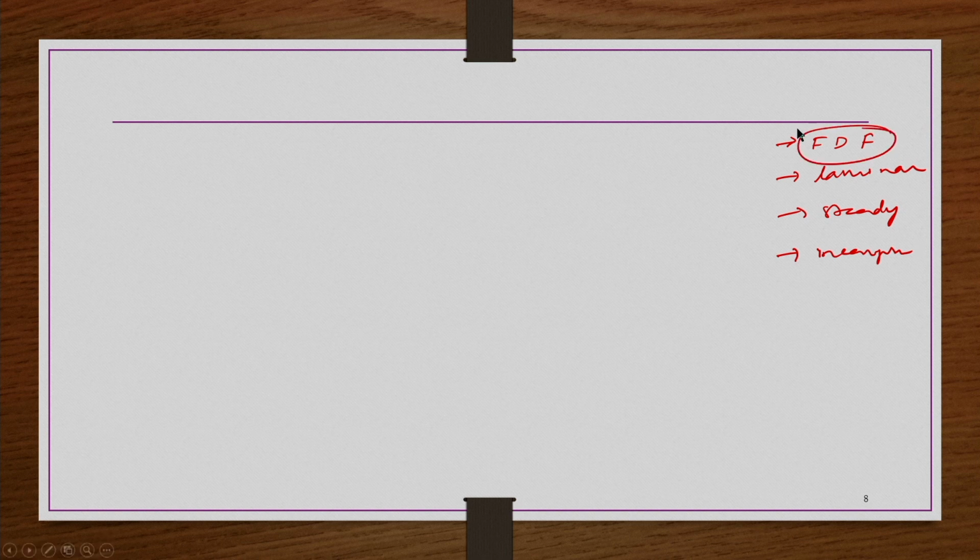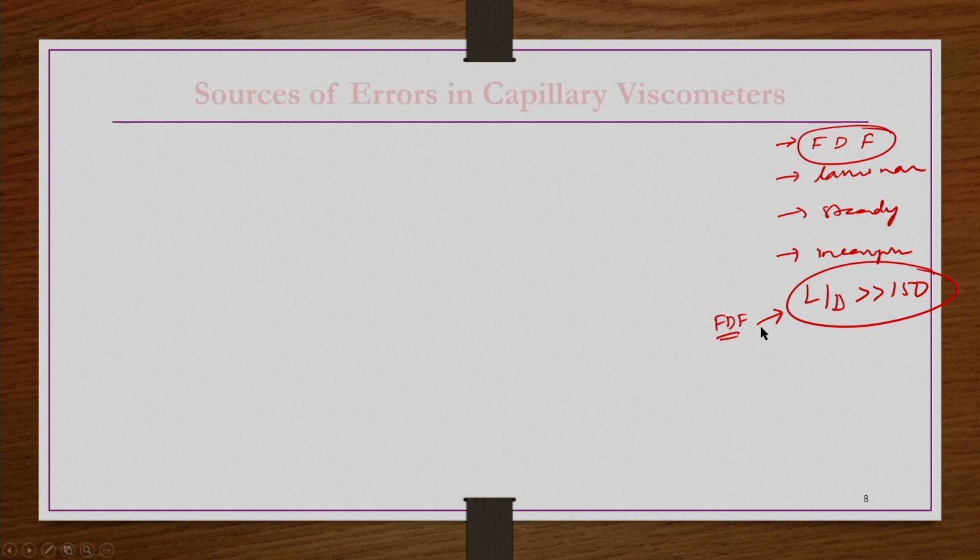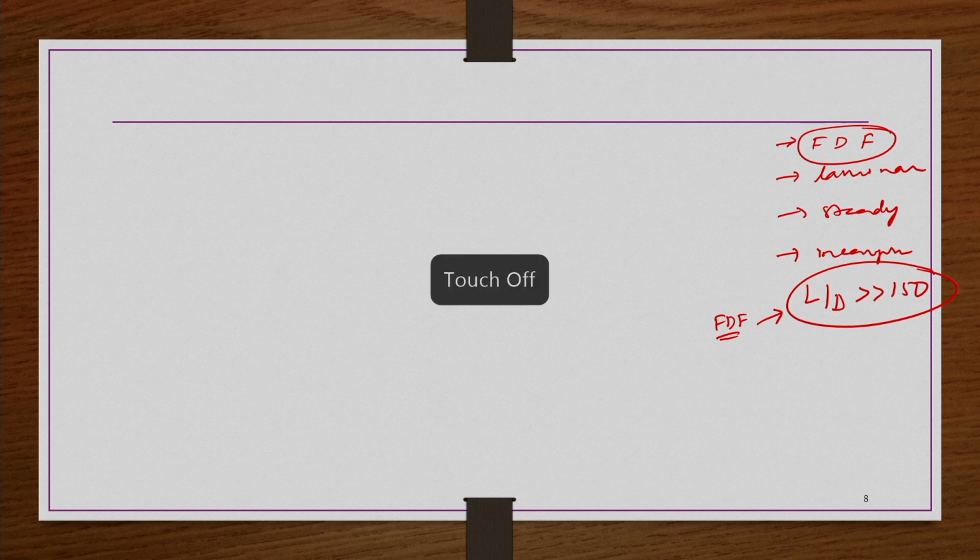While taking this fully developed flow, what we have taken, that L by D, we have taken large value, more than 100 or 150, something like that. So, that means if you take L by D or individual L or D such a way that L by D is less than this thing, FD, fully developed flow is not going to be maintained. So, is it really going to have a kind of influence on the data, that we have to see.